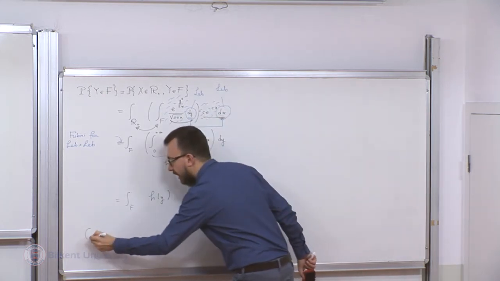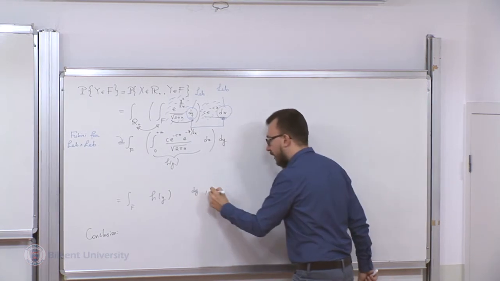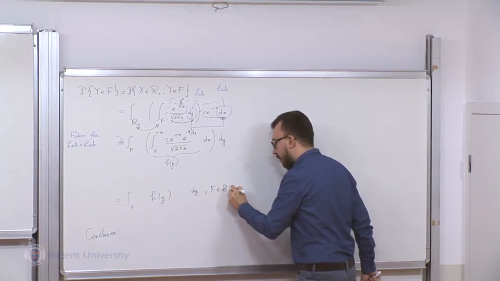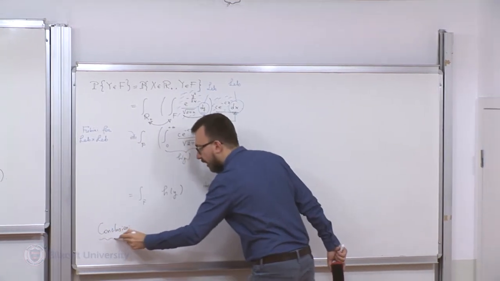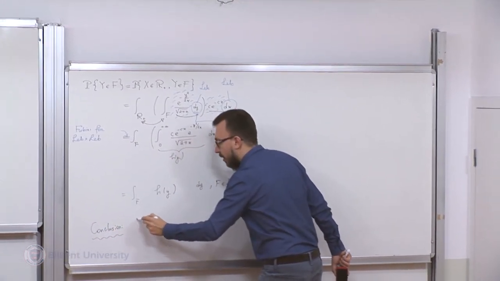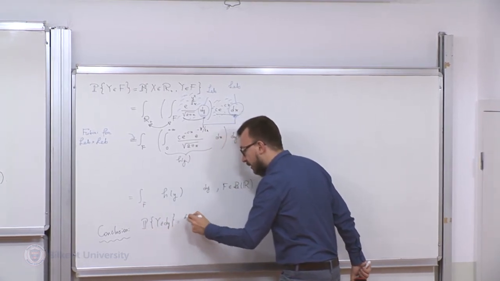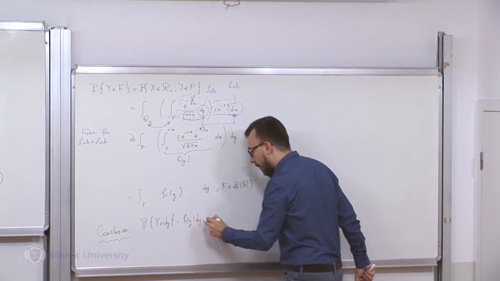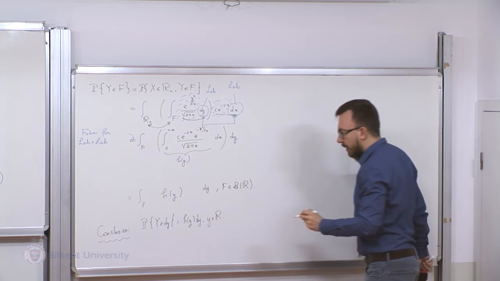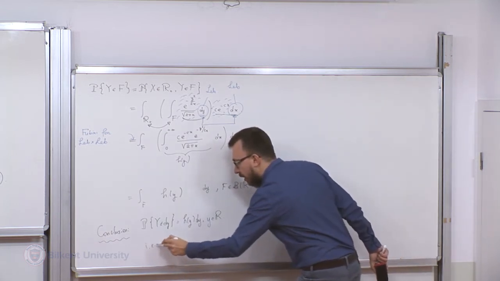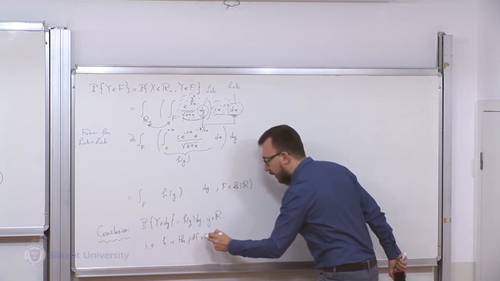And the conclusion is that, since we did it for every f in the Borel sigma algebra of R, the law of y, dy, is h of y dy. In other words, h is the probability density function of y.